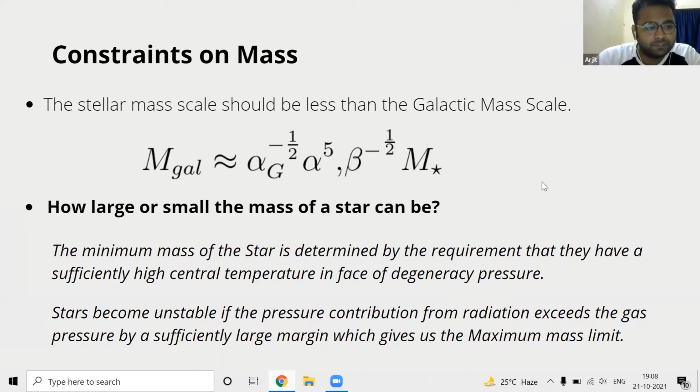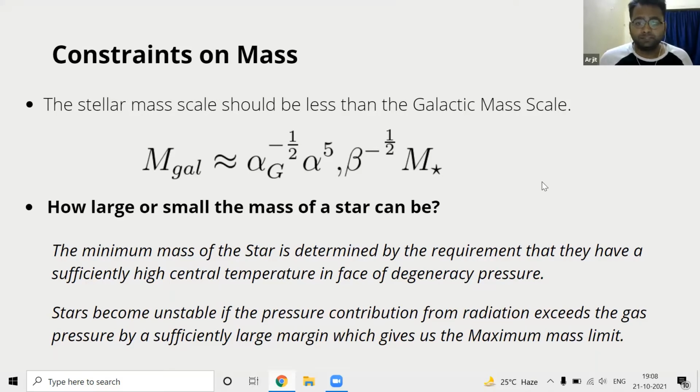And this is the constraint responsible for the star to have less mass than its host galaxy. And the second thing we jump on to is what should be the minimum star mass. So we argue some approximate limits as to how large or small the star's mass could be.